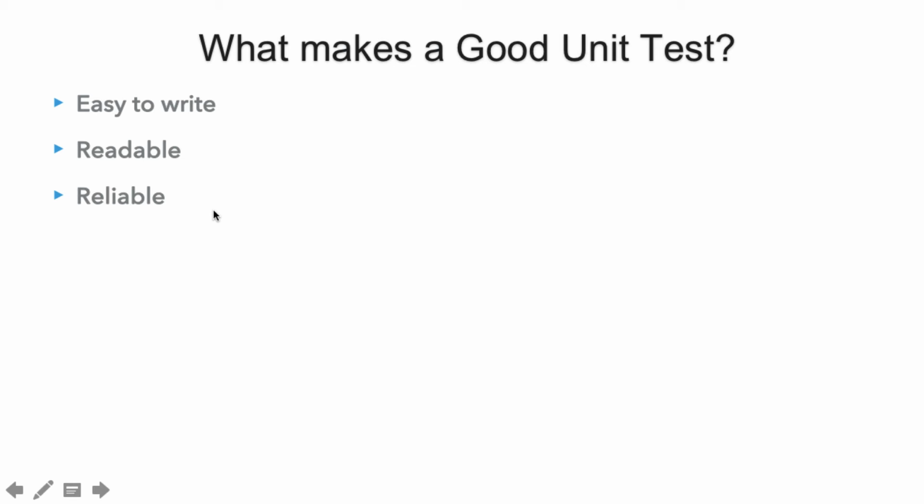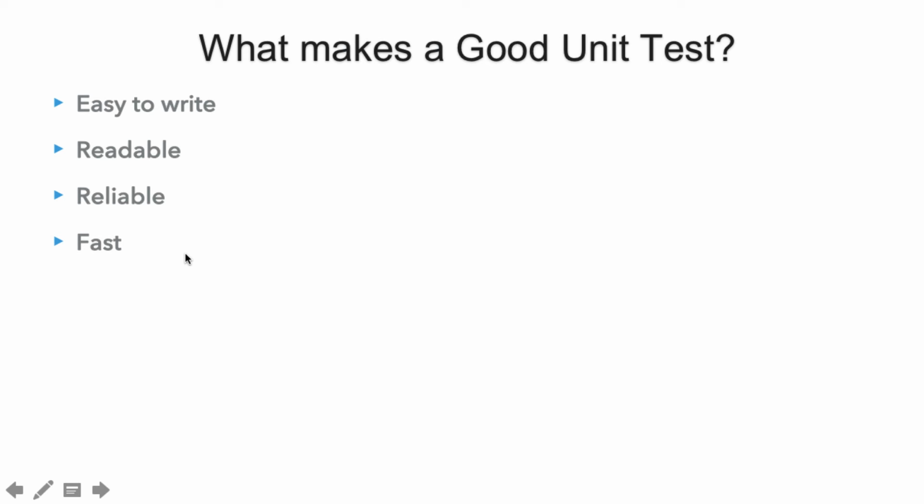For example, let's say we are running a few unit tests on one particular machine and those are succeeding, and the same unit tests, if we run on another machine, are failing. Those are not good unit tests because they are not reliable. Sometimes it may happen that the unit tests run on one machine, but if we run them on any continuous integration server, they fail. So those unit tests are not reliable.